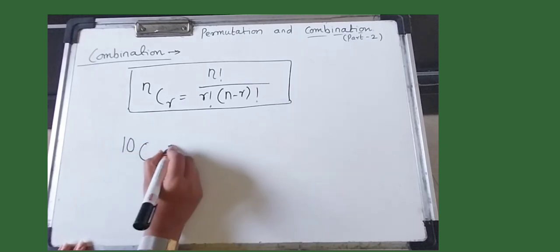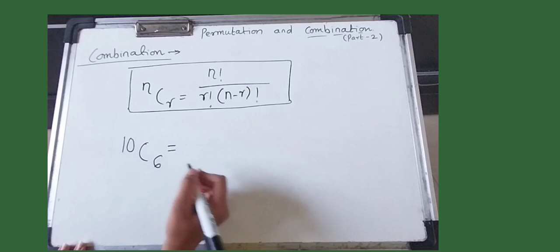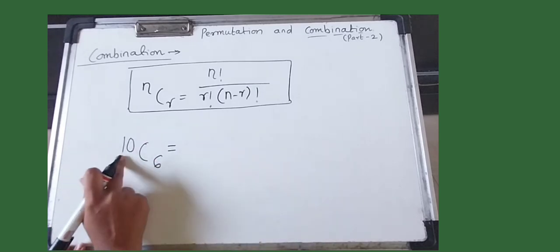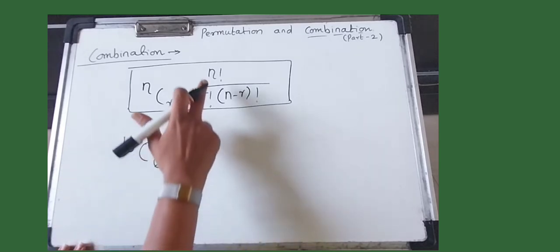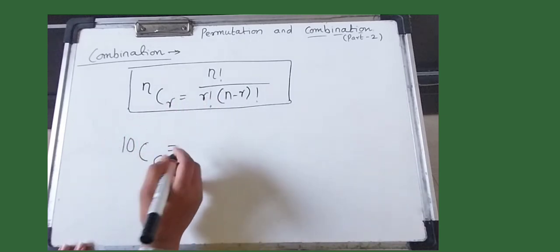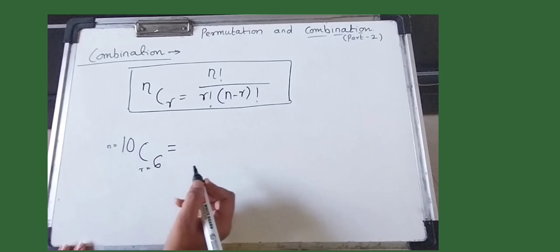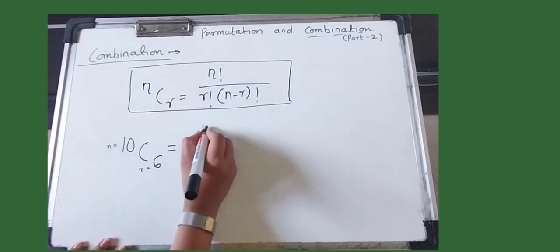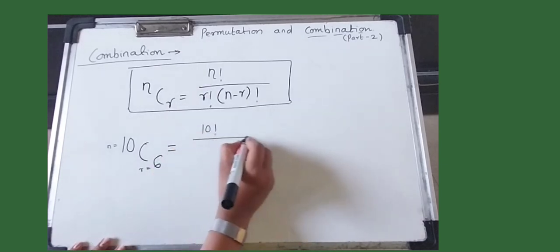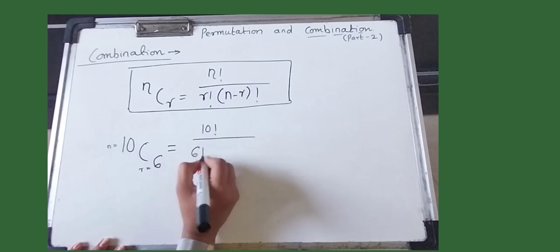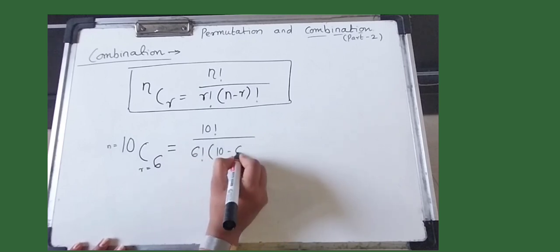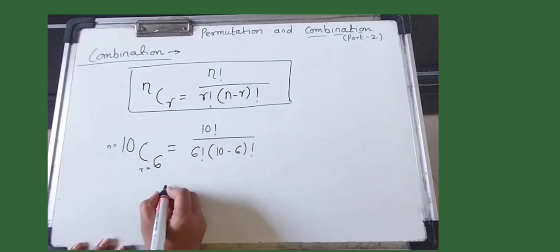We have to find the value of this. Simply put this 10 and 6 in the formula, where this is my n and this is my r. So 10 factorial upon 6 factorial into (10 minus 6) factorial.